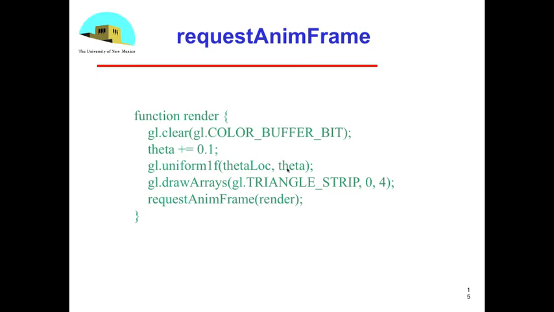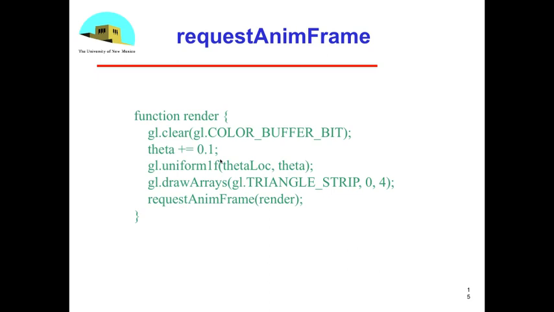It's getting the uniform variable, then it's incrementing theta, sending it over as a uniform variable, and then it's drawing the arrays and says, okay, request an animation frame. So essentially, this is a way of putting this in an infinite loop of render as fast as you can, locking it to the rate at which the display goes.